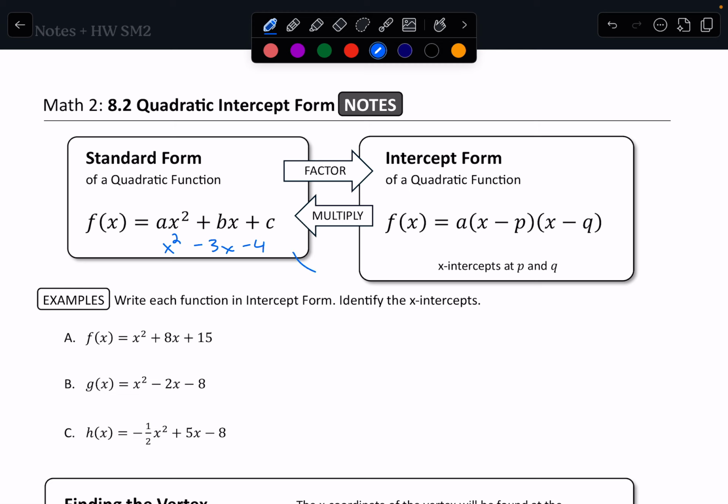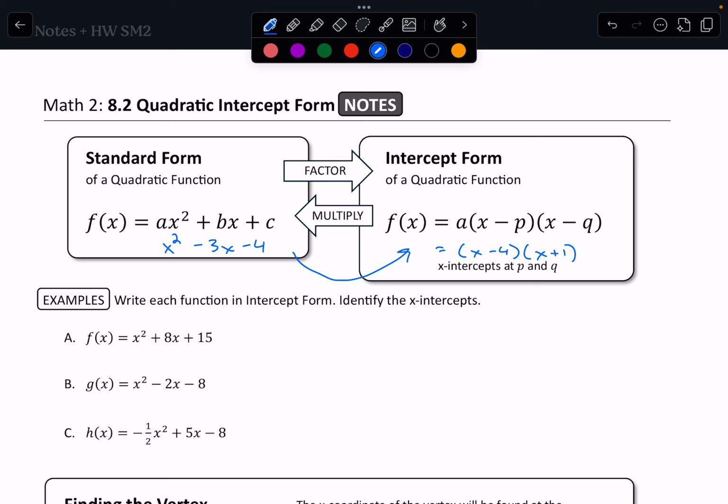And when we do that, we call that intercept form. So if I took x squared minus 3x minus 4 and I factored it, I would end up with x minus 4 times x plus 1. It's the same function, it's just written in a different form.